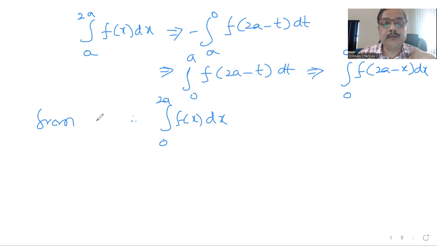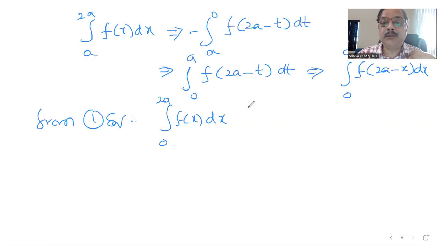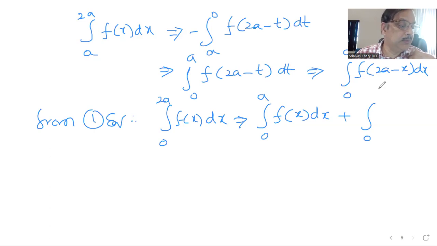From the first equation, what is our first equation? This one. From the first equation, this is equal to integral 0 to a f of x dx plus integral 0 to a f of 2a minus x dx.